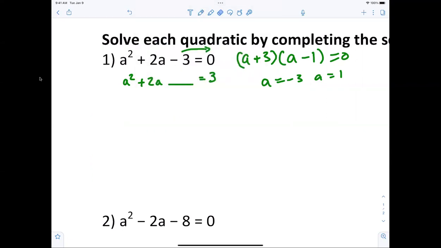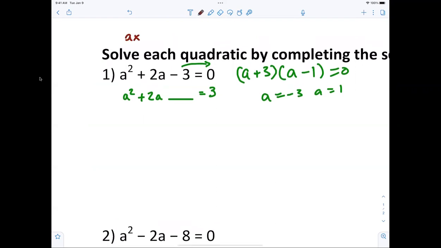Now, here's the rule for completing the square. I want to remind you that a quadratic is ax squared plus bx plus c. That's the general form for a quadratic. B is the number in front of the x, a is the number in front of the x squared, and c is the constant.